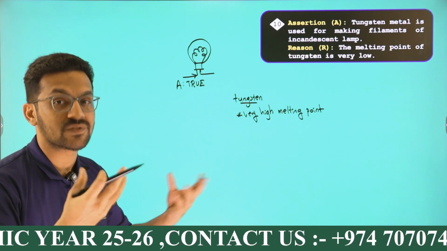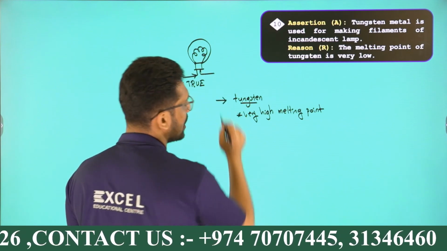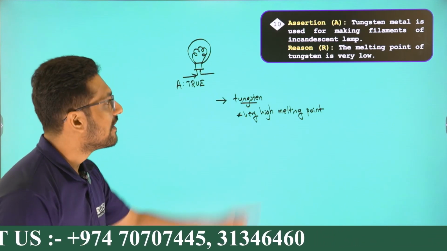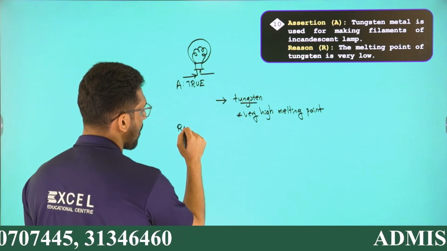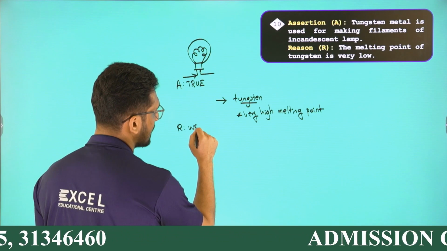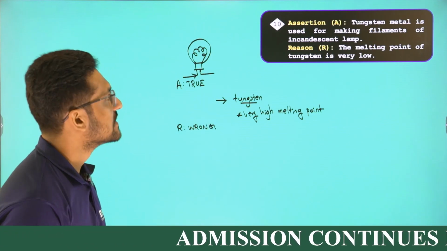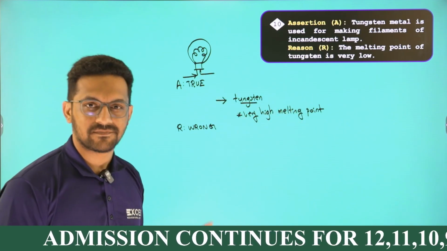That's how it produces light. That means it must have a very high melting point. It will not melt that easily. So, look at the reason. The reason is wrong. Did you understand this? So, the assertion is true. The reason is false.